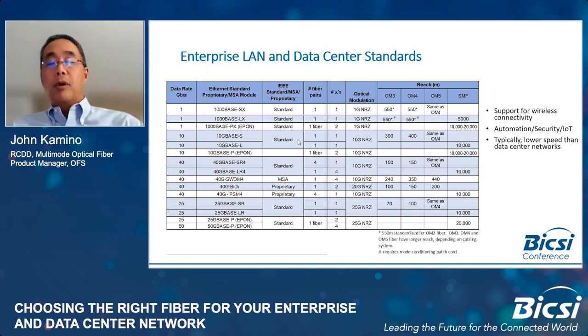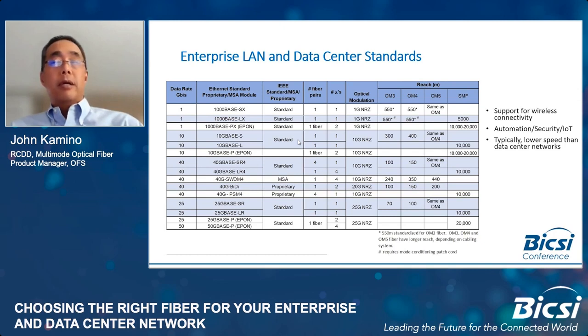People have been deploying gigabit Ethernet in their networks for a long time, and I'll show you later, they're expected to continue to do so. Gigabit speeds have been very popular for workstations. And then you also see the passive optical network 1000BASE-PX.